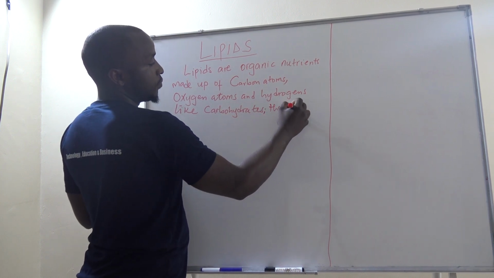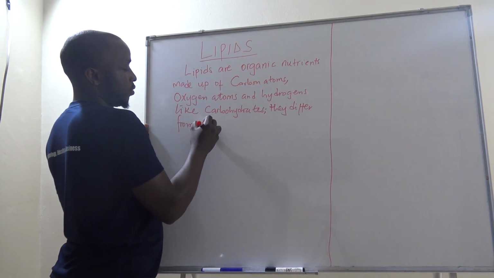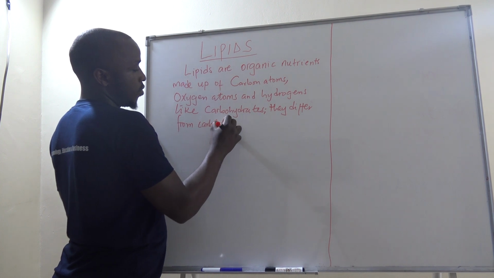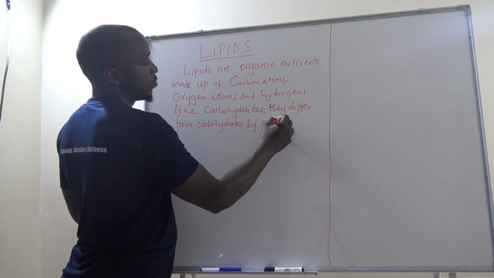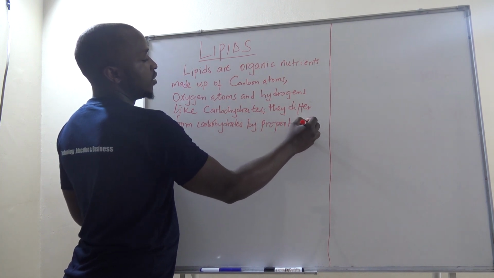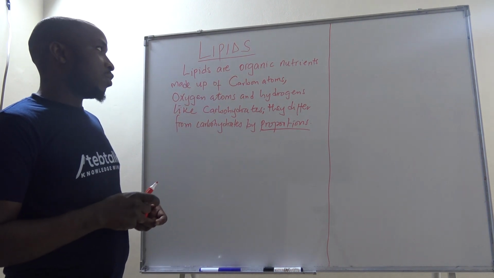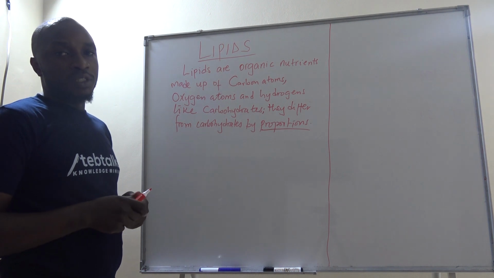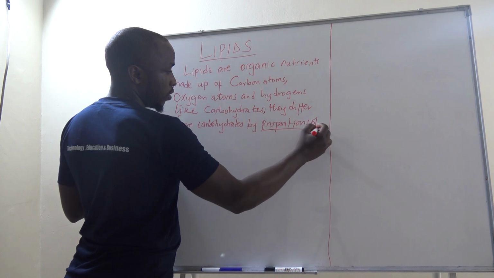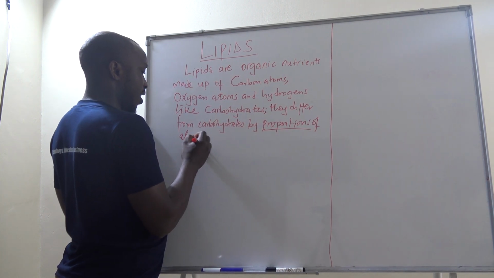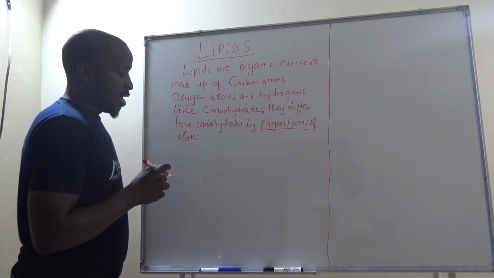They differ from carbohydrates by proportions, and this is going to be very key in the distinction between lipids and the carbohydrates. Their difference is in proportions of atoms. The quantity that is within.